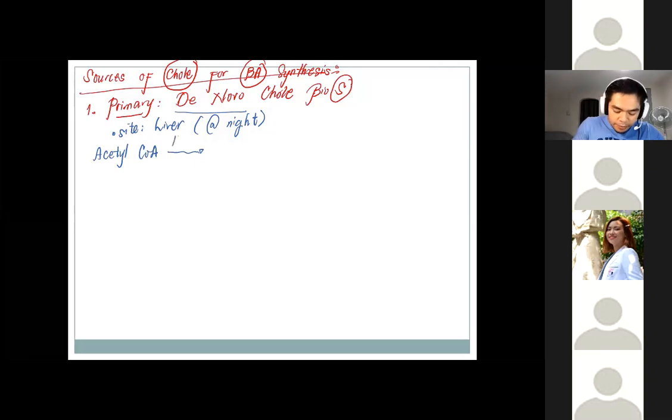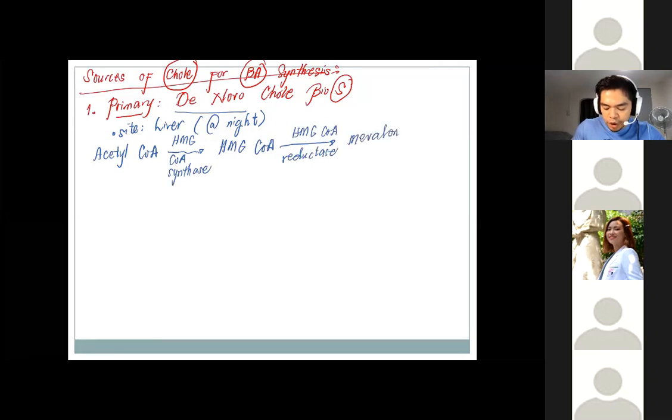And that is via the enzyme HMG-CoA synthase that causes formation of HMG-CoA. And then, via the action of HMG-CoA reductase that causes formation of mevalonate or mevalonic acid.